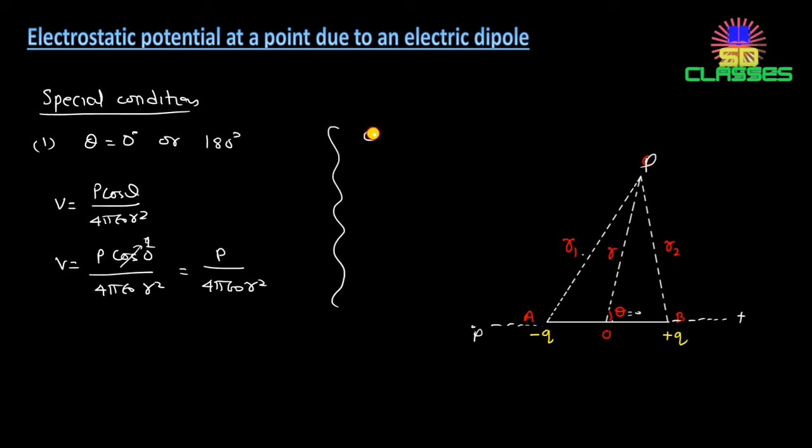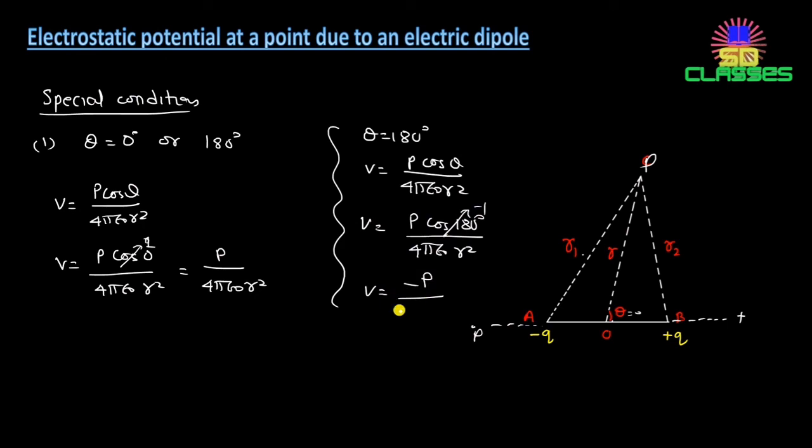Okay, now take theta as 180 degree. V equal to p cos theta divided by 4 pi epsilon naught r square. Put 180 degree in place of theta, so cos 180 is minus 1. So V equal to negative of p by 4 pi epsilon naught r square. So what have you got from these two values?